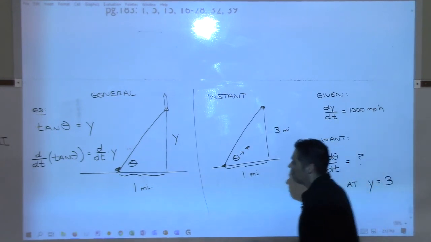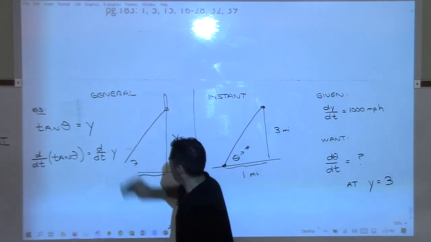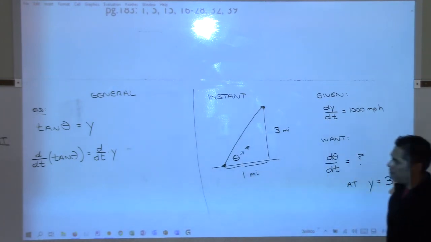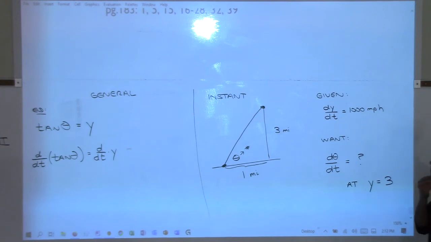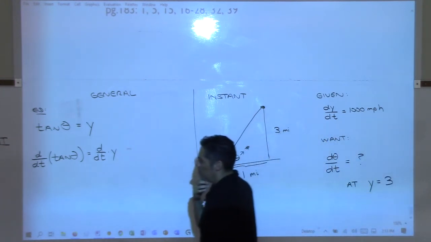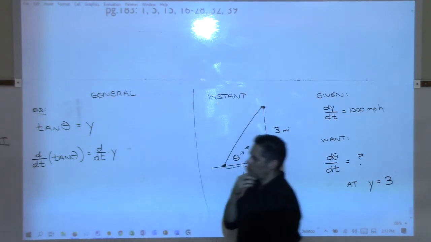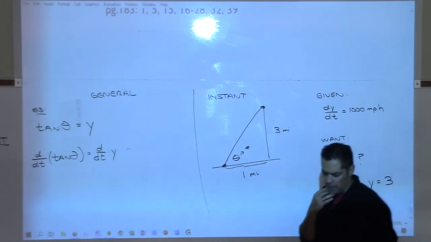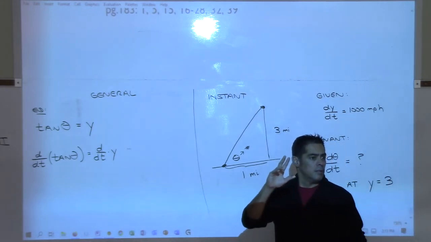All right. I'm going to erase this. So what is the derivative of tangent theta with respect to t? It's all right. We can move on. Who? I heard someone.